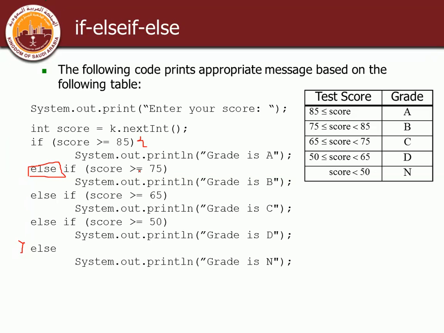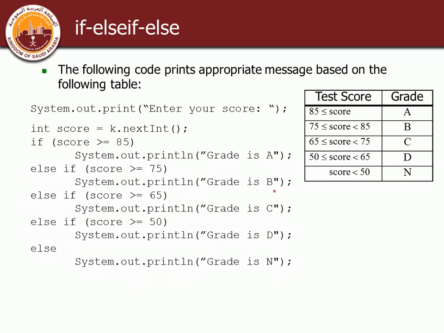So if you would like to do something like this, you should remove this else, because else cannot start without an if. Else always needs to be linked to an if. If you put this as a separate block, now this else if cannot be a beginning of a statement. You can have if that starts and then else if, but you cannot start with else if. I don't know if I answered your question. Did I answer your question?